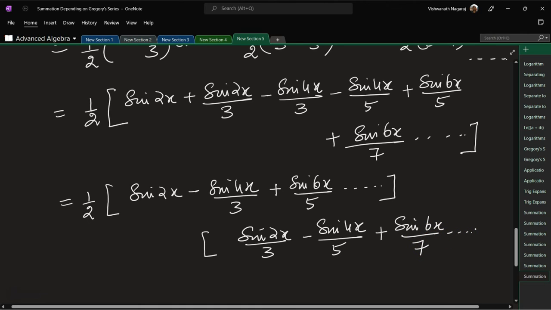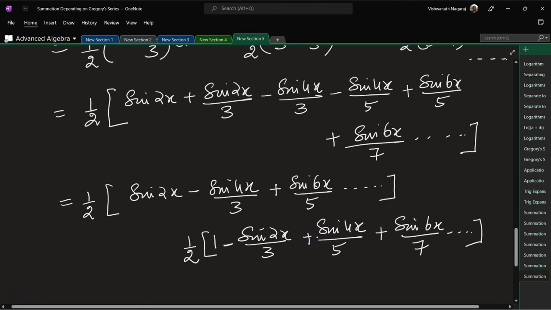Now here, what we need is, and by the way, this half is applicable to both. So let's put a half here as well. Now here we need 1. If this is positive, this should be negative.